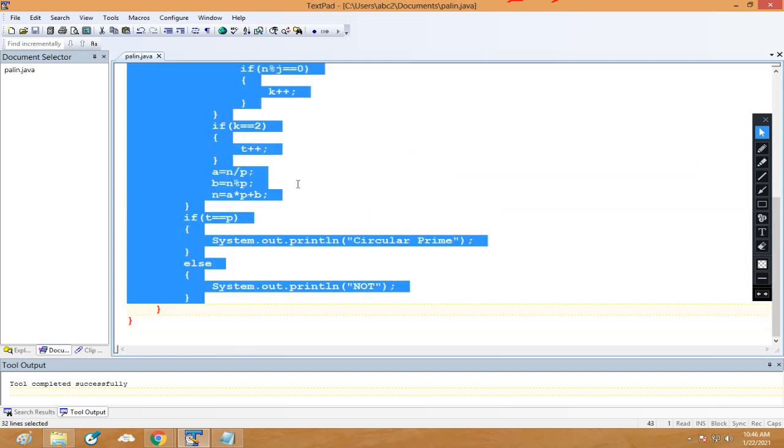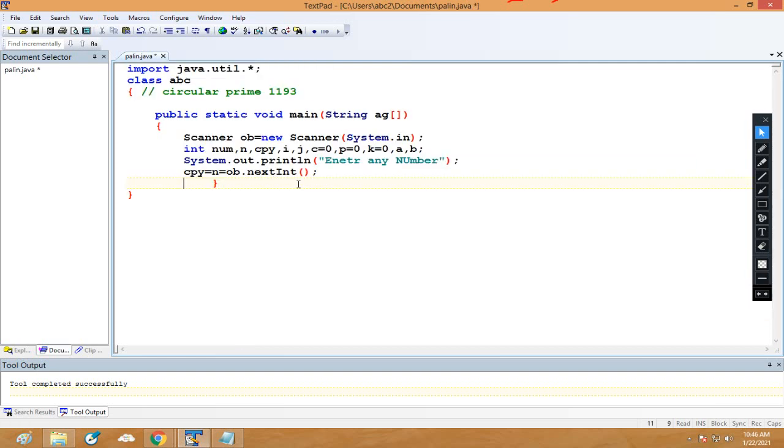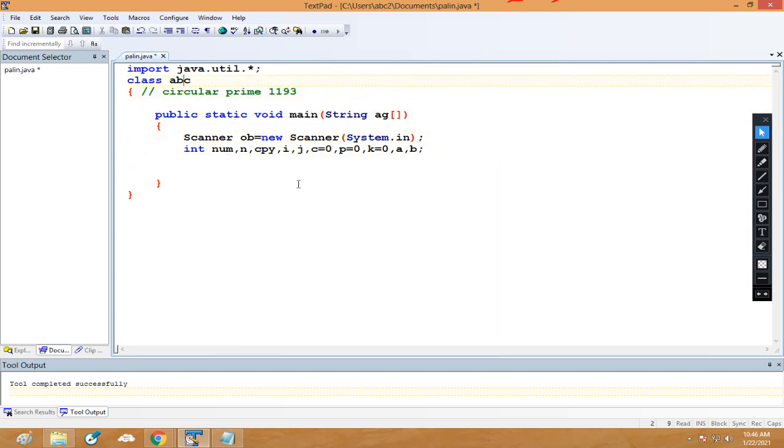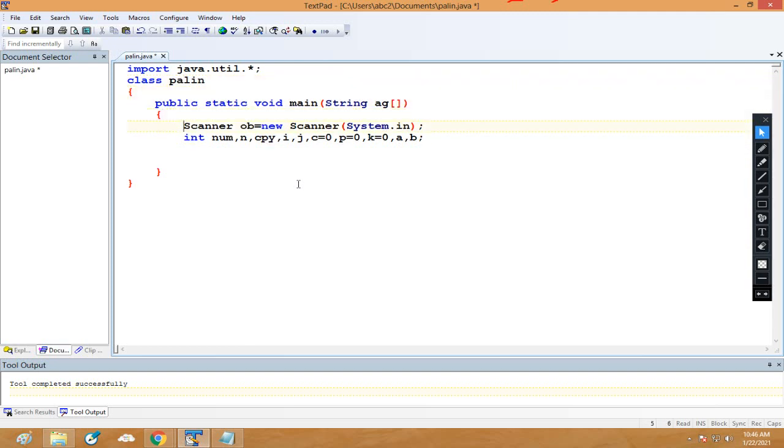So all 4 digit palindromic numbers must be starting from where? 1000. Yes. So the loop has to start from 1000. So the variables, let it be there, start from 1000 till this.